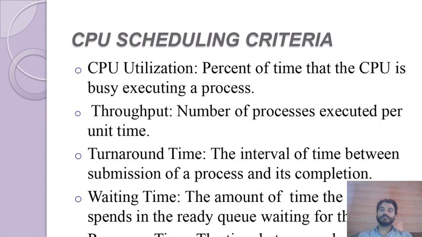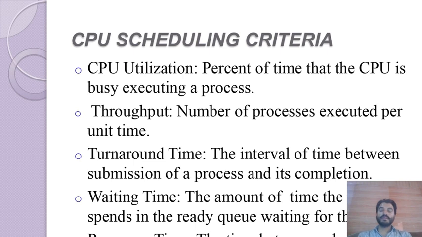How do we say that CPU utilization is maximized? There is a certain set of criteria which must be met, and then we say that CPU utilization is maximized. First, CPU utilization: the percentage of time, that means how much time a CPU takes to execute a process. Throughput: the total number of processes executed per unit of time, that means how many processes can be done per unit of time.